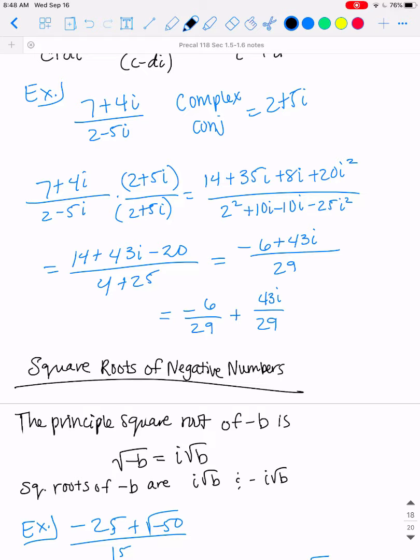We get 14 plus 43i minus 20 over 4, and then the 10i's cancel, 4 plus 25. We simplify even further and we get negative 6 plus 43i over 29. I'm just going to go ahead and break up the fraction. So I have negative 6 over 29 plus 43i over 29.